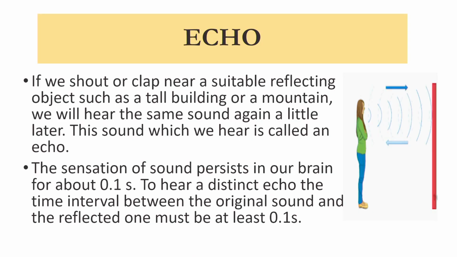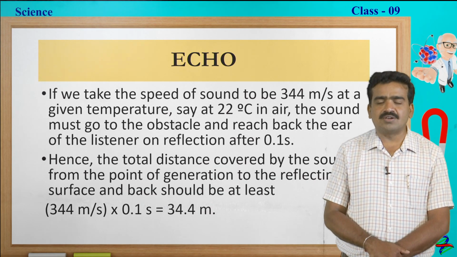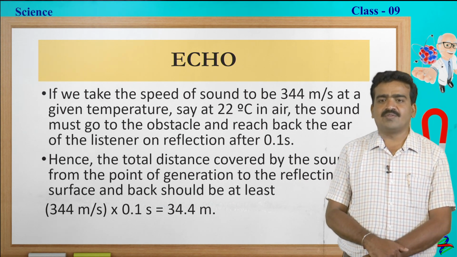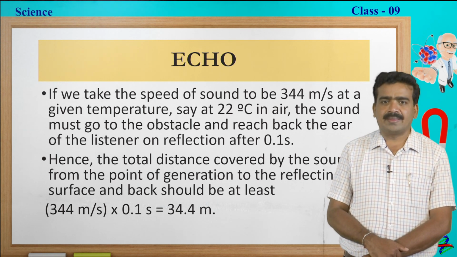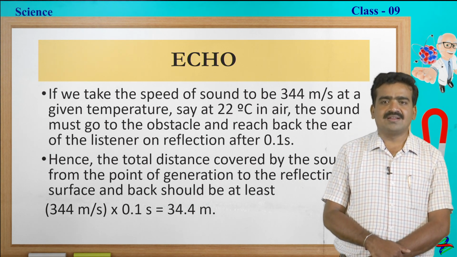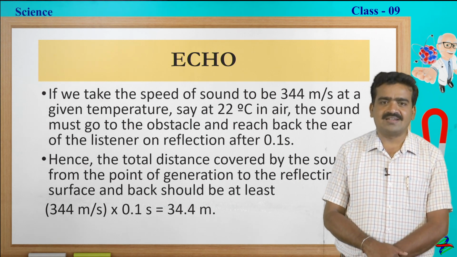The sensation of sound persists in our brain for about 0.1 second. To hear a distinct echo, the time interval between the original sound and the reflected sound must be at least 0.1 second. So, if we take the speed of sound as 344 meters per second at a given temperature, say about 22 degrees Celsius in air, the sound must go to the obstacle and reach back to the ear of the listener after 0.1 second.